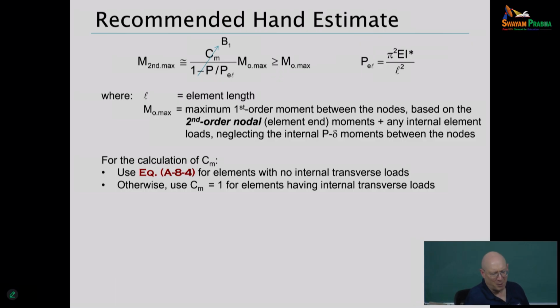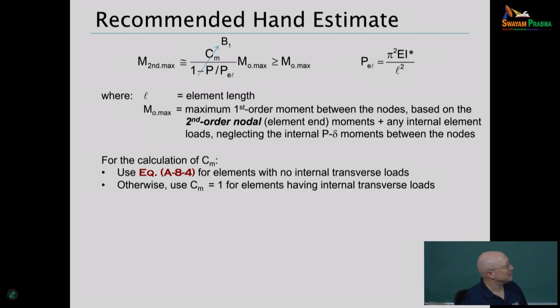Apply the B1 amplifier there, given your second order moments, and calculate a Cm based on the moments in your element, now of script L length. You've got a P over PE script L, where script L is just the length of the element.